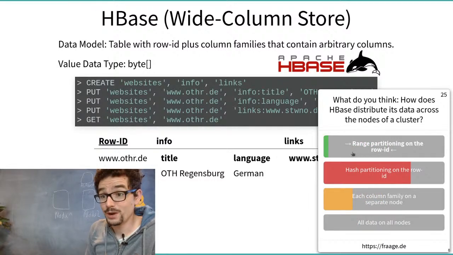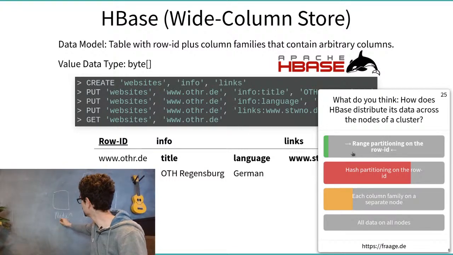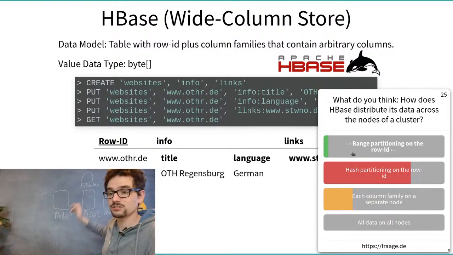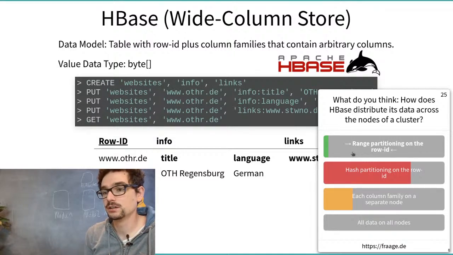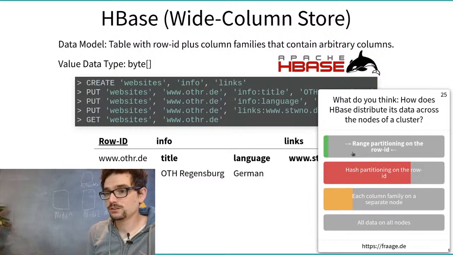HBase uses range partitioning over the row ID. So most of you said hash partitioning. Hash partitioning would mean you calculate with a hash function where each data is stored. And I show you the benefit of range partitioning here.